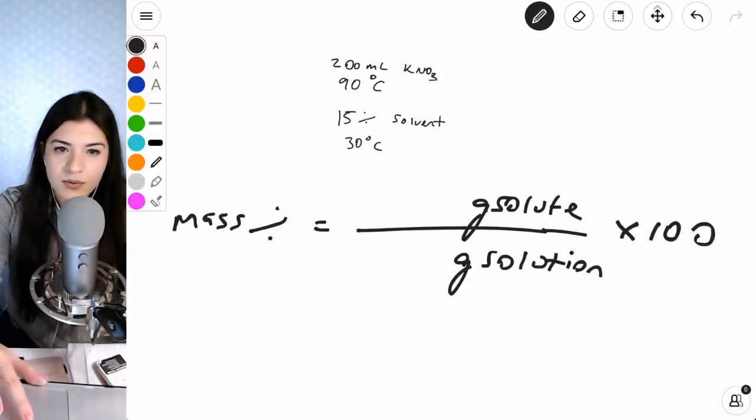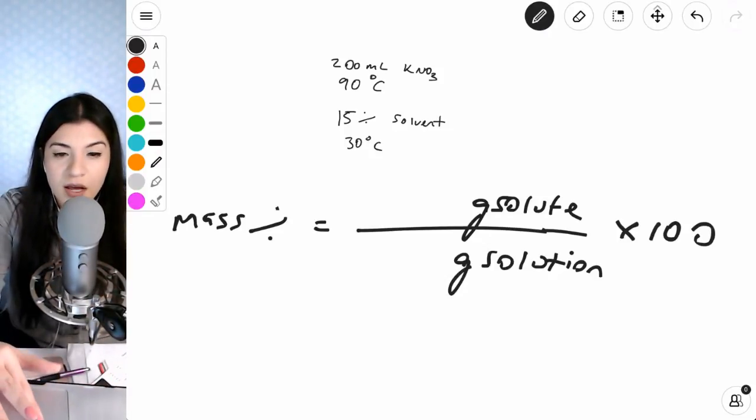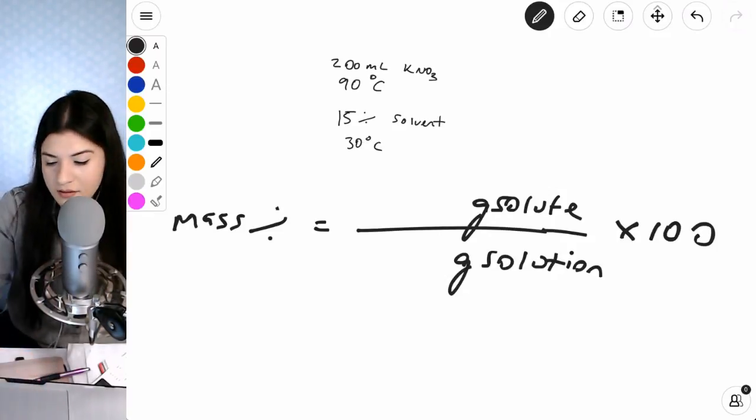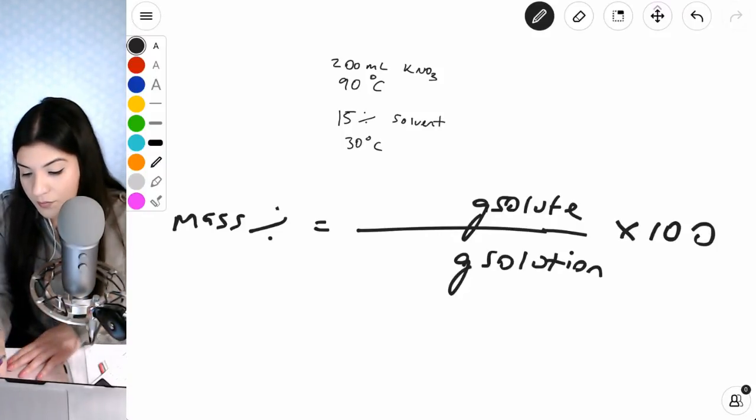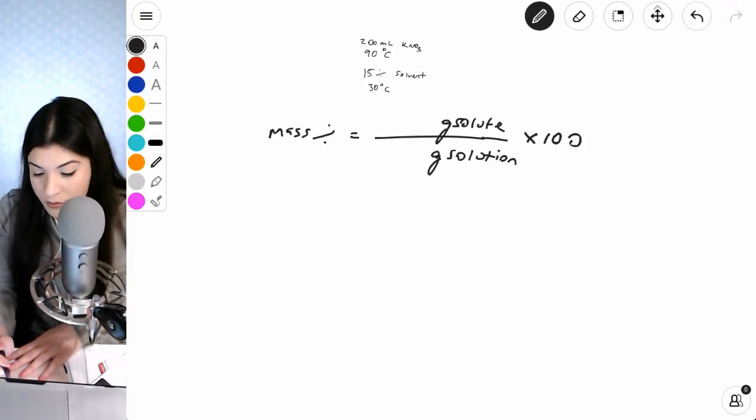But yeah, I think we're looking at solubility tables. Let me go back to solubility tables or curves and see what I can find with that. Because we would have to look at the temperatures, and I believe that they give you that.